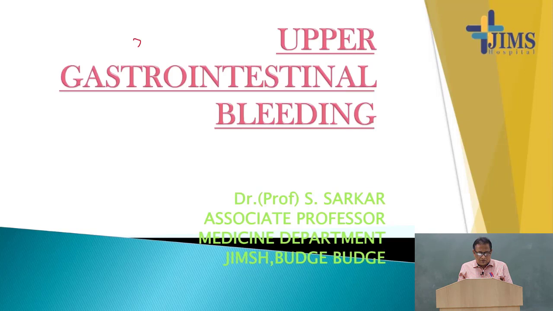Above this ligament, that is from the esophagus, stomach and duodenum, the bleeding we call upper GI bleeding. And below this ligament, the bleeding from the jejunum, ileum, the large intestine, colon, rectum, all are lower GI bleeding.